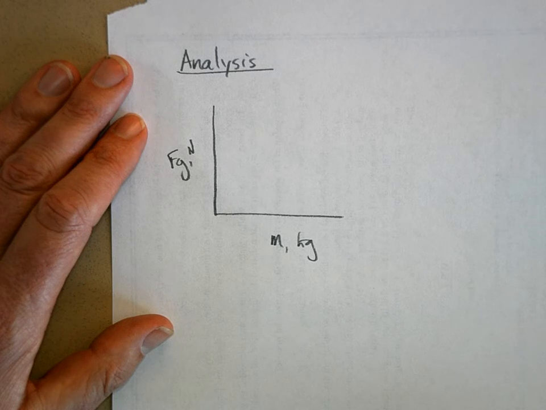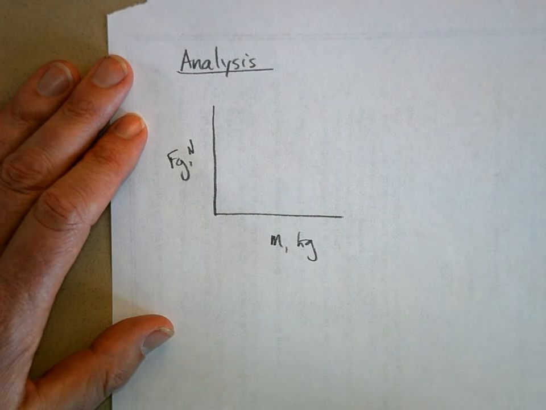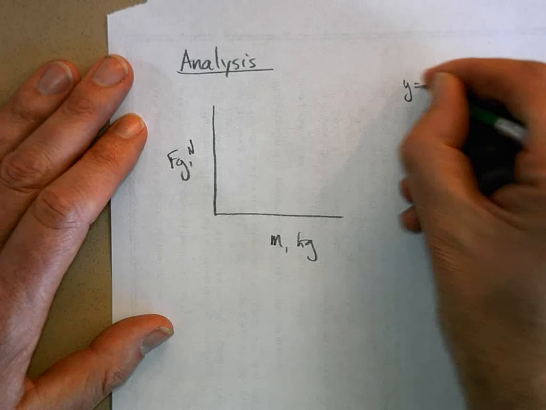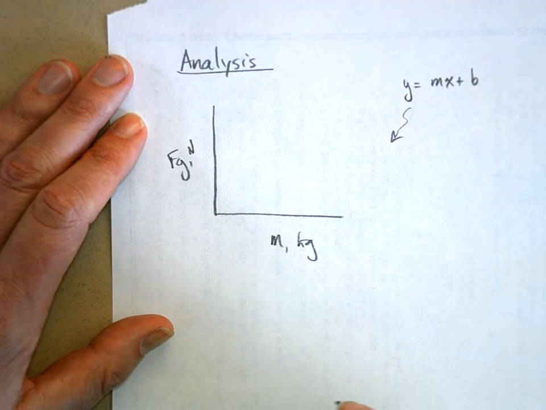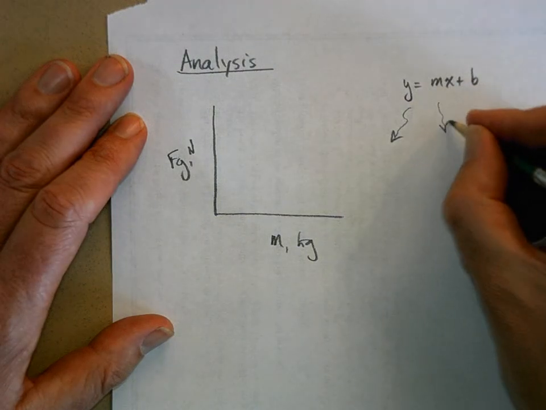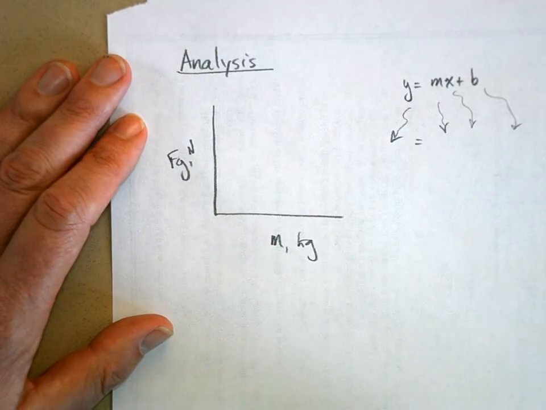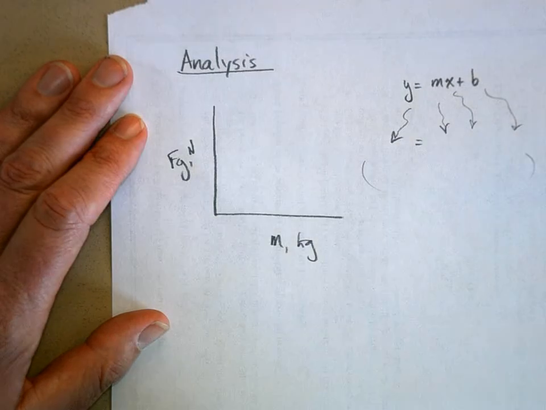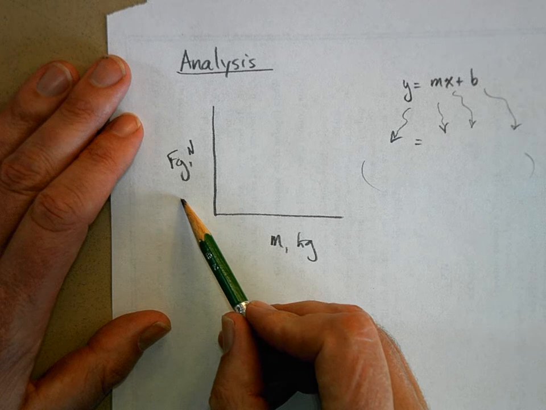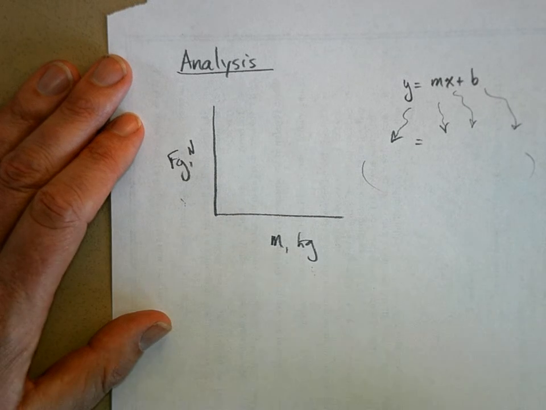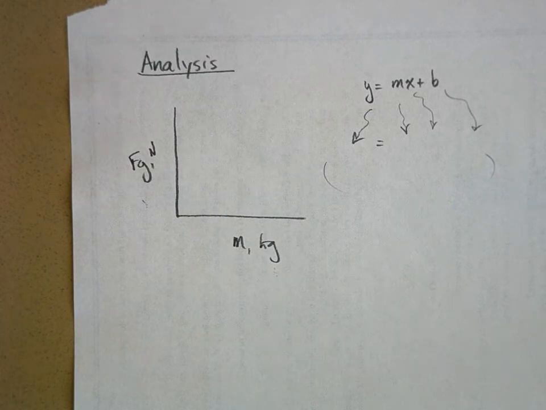So I want you to create a mathematical model that expresses the force of gravity as a function of the mass. Now remember, y equals mx plus b. So what's your vertical axis? Equals what's your slope, what's your horizontal axis, and what's your y-intercept. Create a mathematical model that will express to us how the force of gravity or the weight depends upon the mass. And that's what I want you to do right now. So good luck.